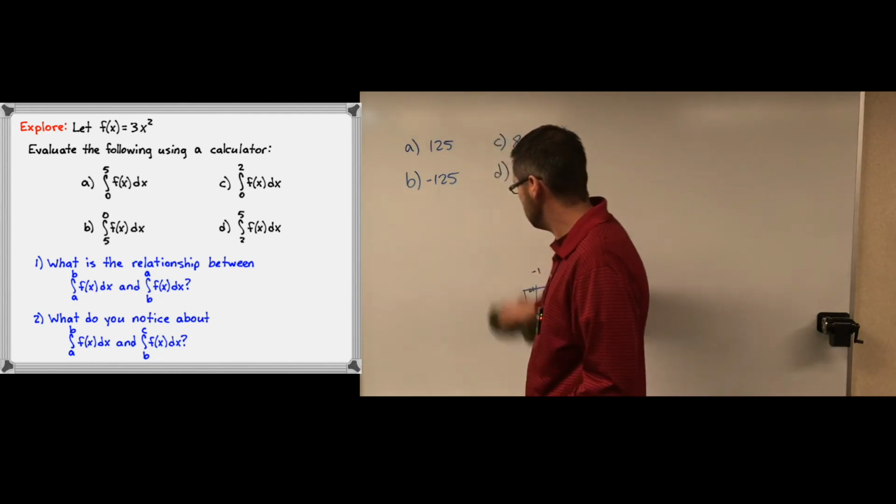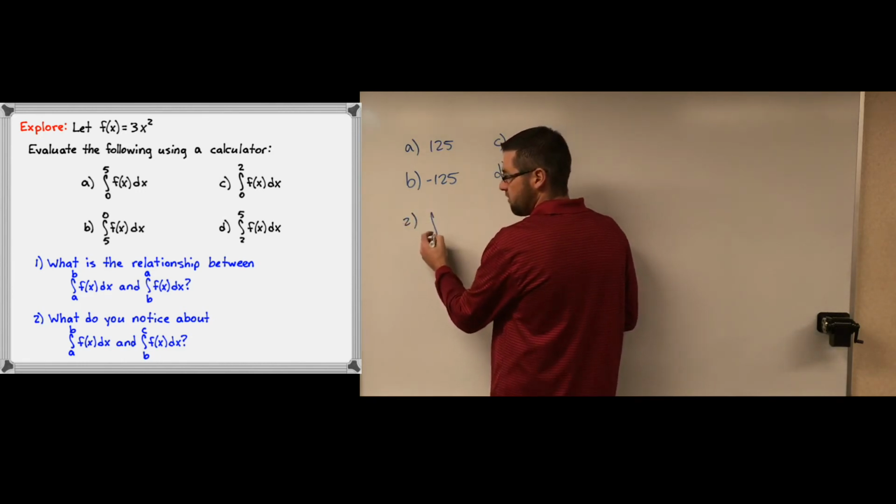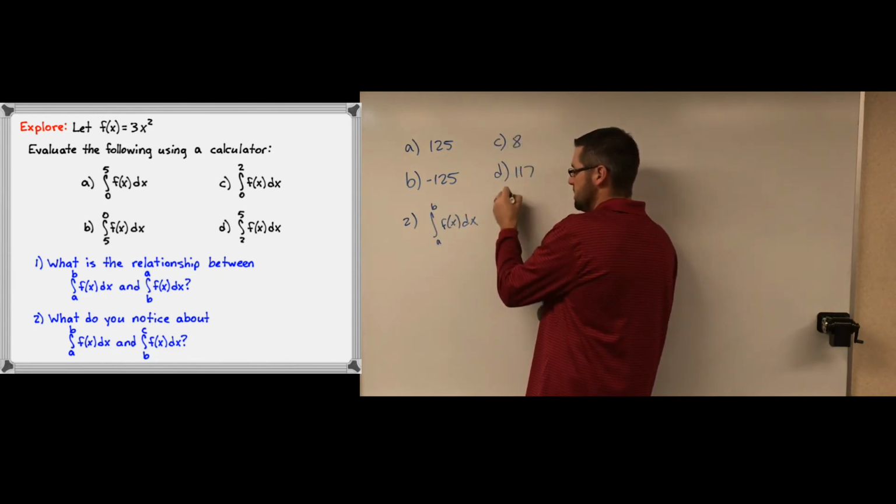What is the relationship between those two things? The integral from a to b of f of x dx and the integral from b to c of f of x dx. How are these related?